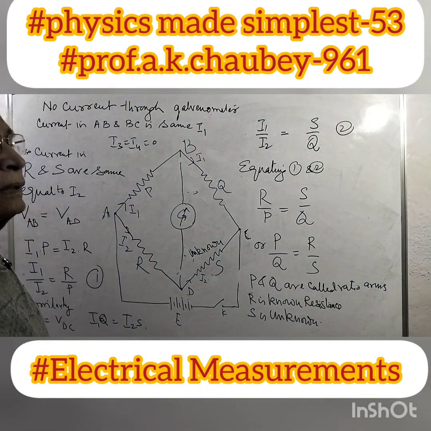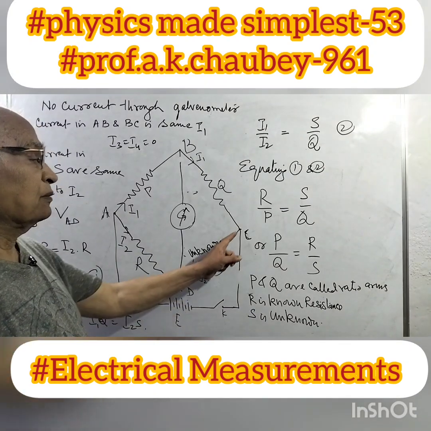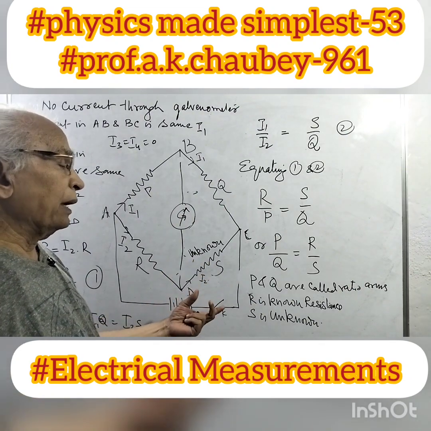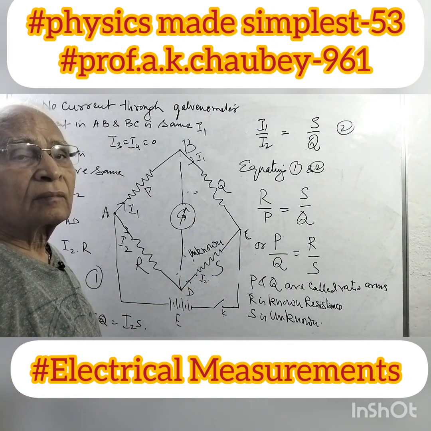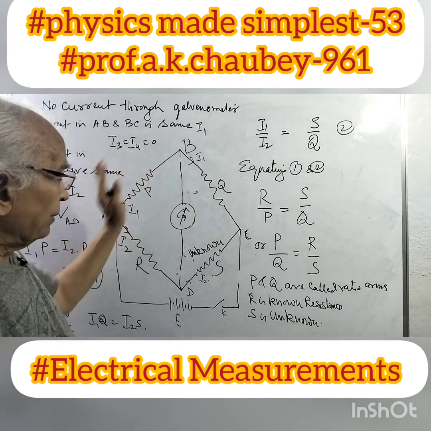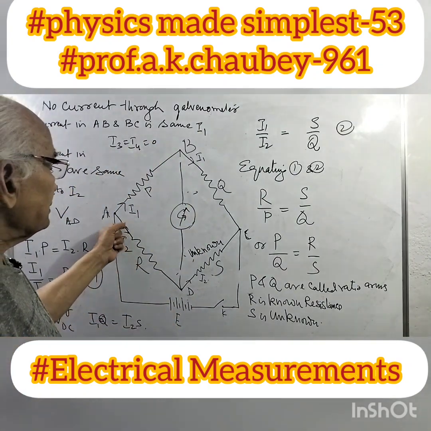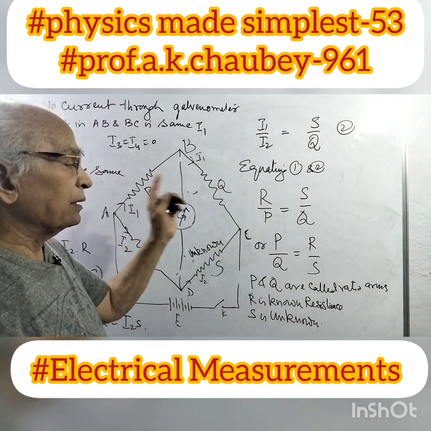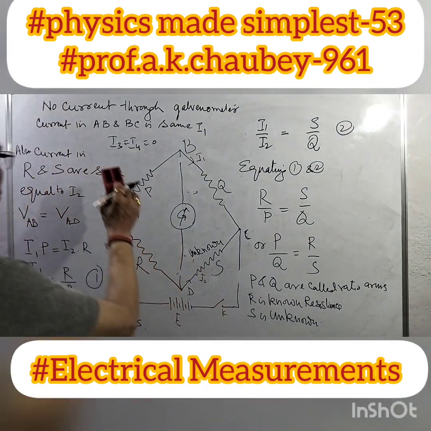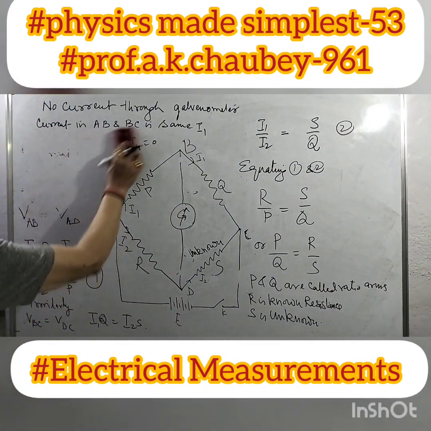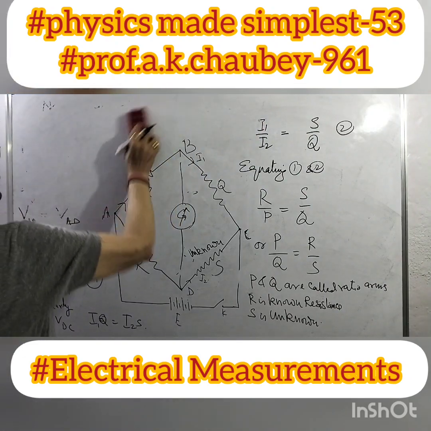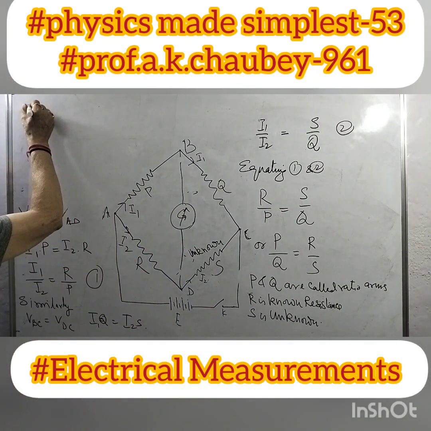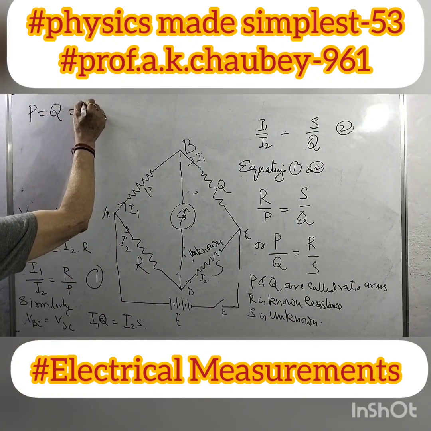So if we are given some resistance wire, or a resistance of any shape, and we want to know its value, we can connect it here. We make the circuit like this and just adjust the value of R so that no current flows through the galvanometer. Fixing P and Q as ratio arms, we take low resistance, say P equal to Q equal to 10 ohm.